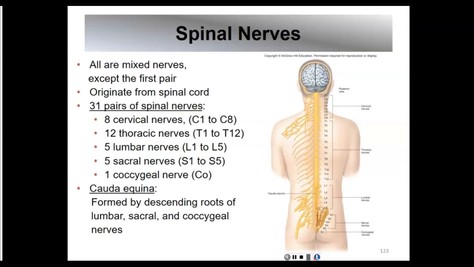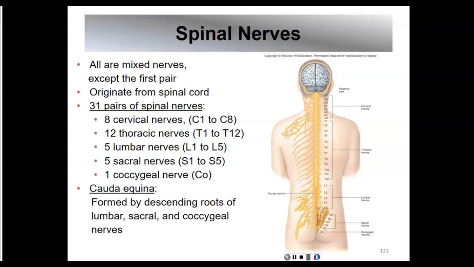Maybe just get a good understanding of how many are each. 8 cervical, 12 thoracic, 5 lumbar, 5 sacral, 1 coccygeal. If you know your spinal sections, this shouldn't be too hard. Now the cauda equina is the end of the spinal cord in the lumbar area. It goes from around L1 down to the sacrum.